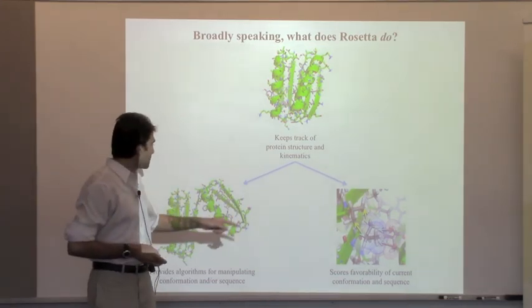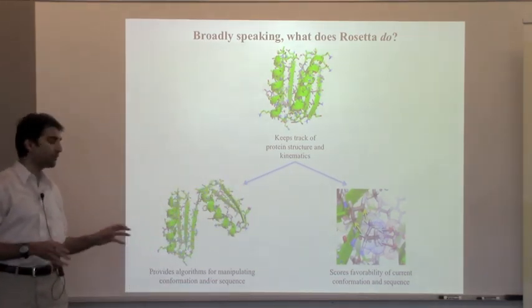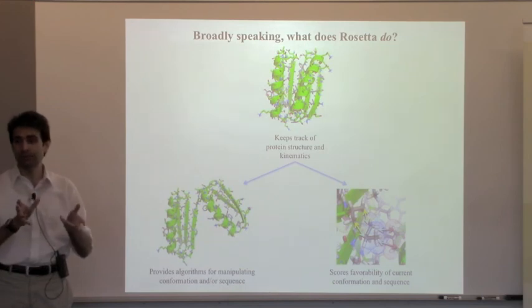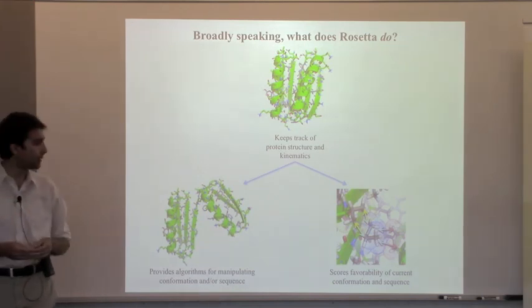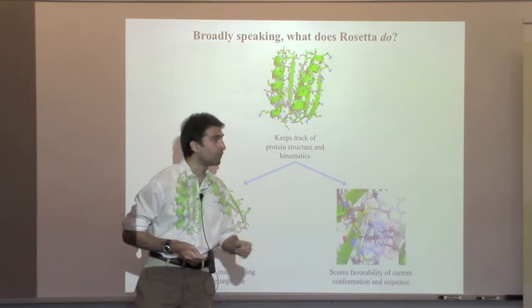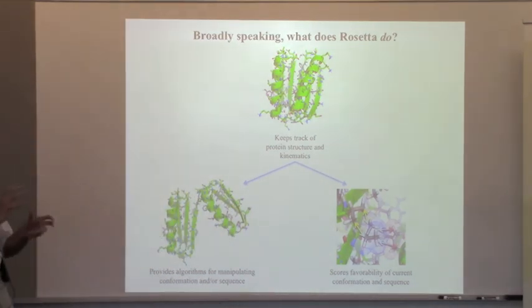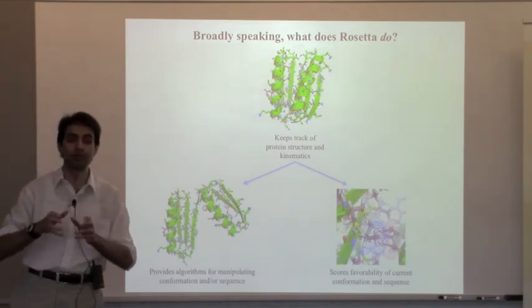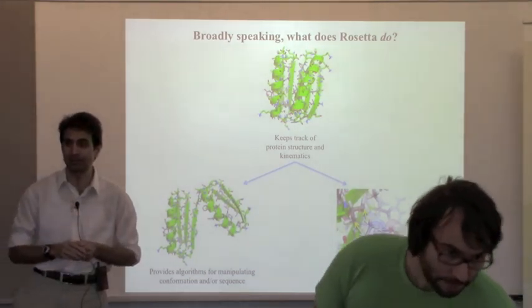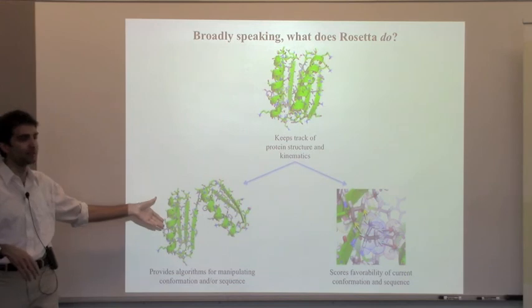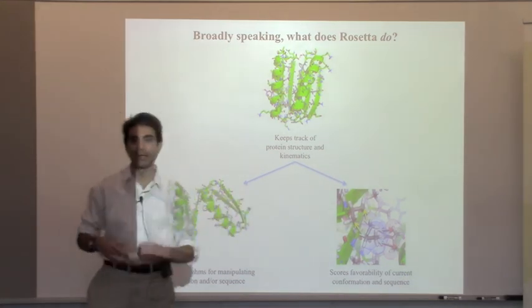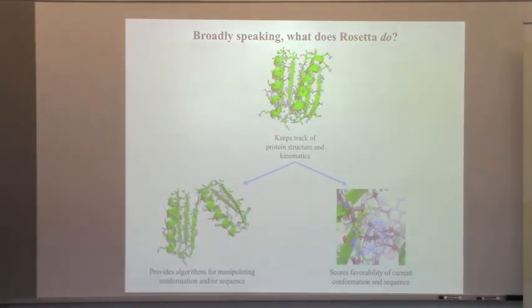These feed into algorithms for manipulating conformation or sequence, for searching sequence space or conformation space, and algorithms for scoring the favorability of a particular conformation given a particular sequence. So you're going to put the protein into some sort of conformation, and then you're going to score it and ask, is this a good conformation?